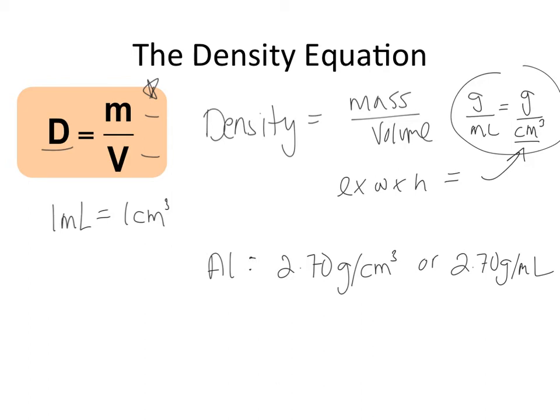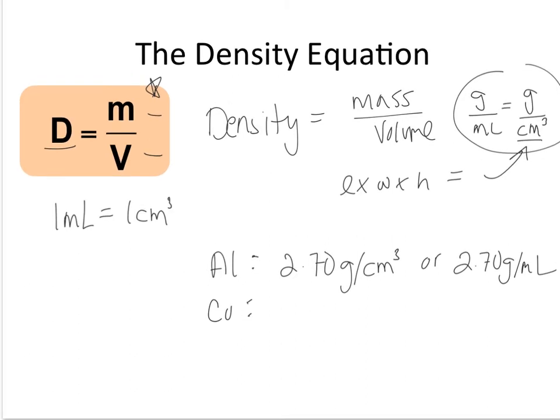Another example of a specific density that's intrinsic to that element. Copper's another example. Copper's density is 8.96 grams per centimeter cubed. Okay, or we could also write this as grams per milliliter in terms of our units.